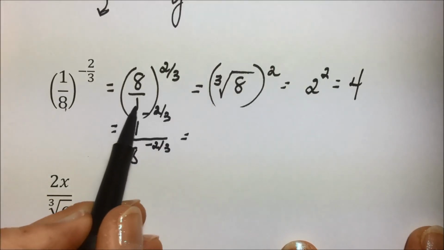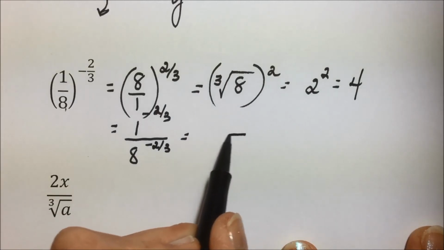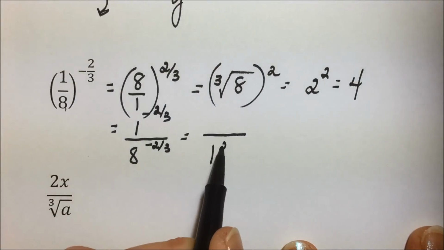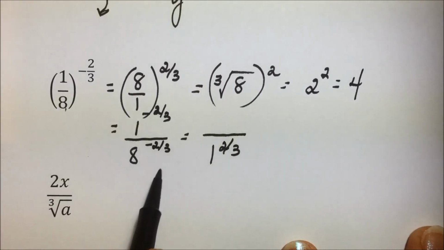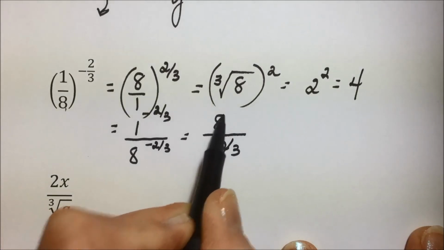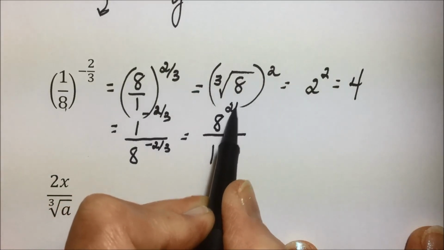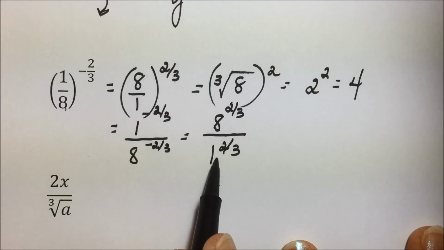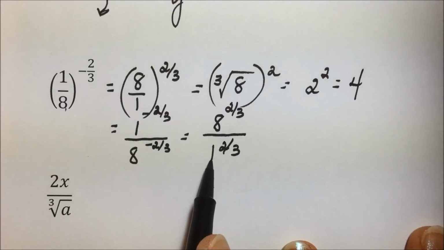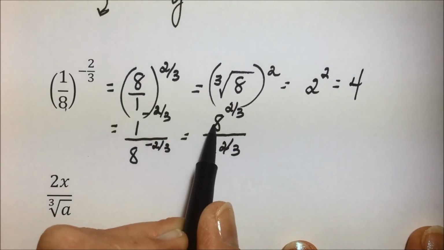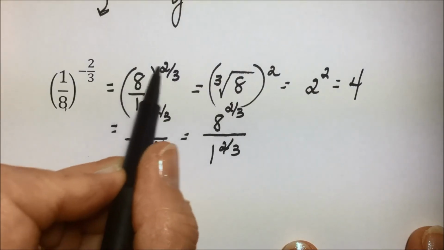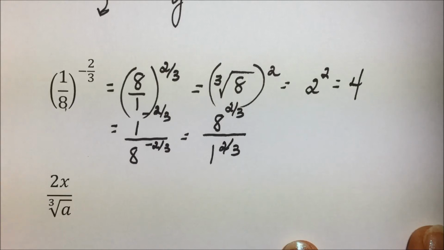To eliminate the negative exponent in the numerator, it will go down from the numerator to the denominator. And to eliminate the negative exponent in the denominator, it will go to the numerator. The cube root of 1 is 1. 1 squared is 1, leaving us with 8 to the 2/3 power, which we just simplified up here.